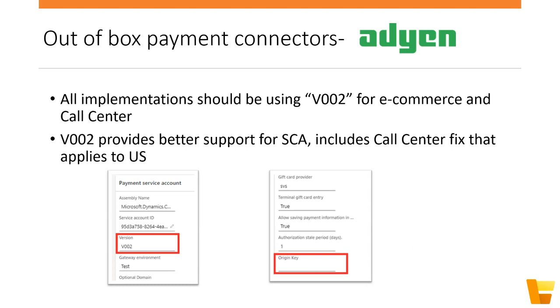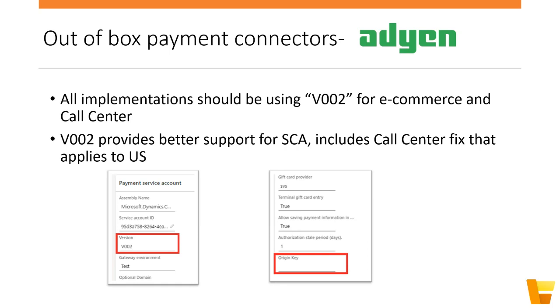So in an e-commerce flow, the customer enters their credit card number, clicks OK, and if strong customer authentication is required, a pop-up comes up from their bank, asks them to log in or verify who they are, and then assuming that's successful, the customer is redirected back to checkout and completes that flow.